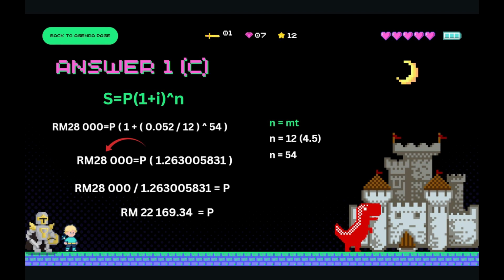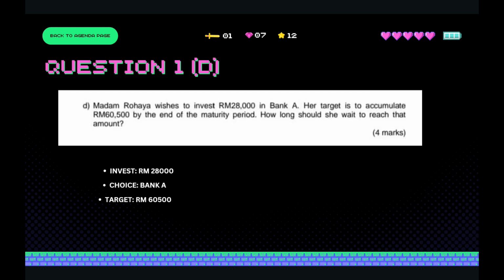So next question 1D. Madam Rohaya wishes to invest 28,000 ringgit in Bank A. Her target is to accumulate 60,500 ringgit by the end of the maturity period. How long should she wait to reach that amount?